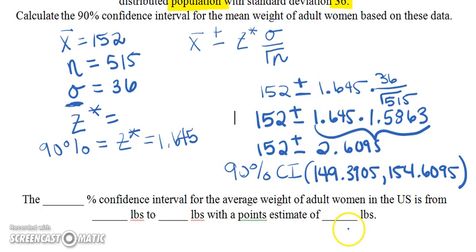So how can I write that up? How can I interpret that? Well, again, we need to state the confidence level. So here, the 90% confidence interval. Then I need to tell the parameter that I'm estimating.